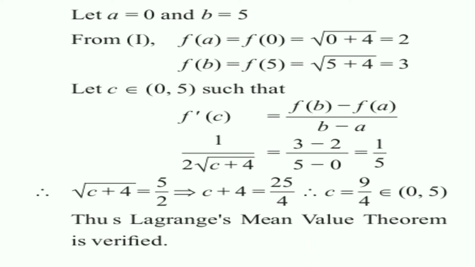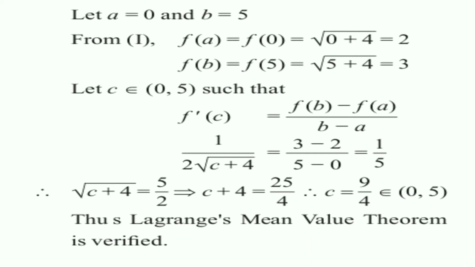that is equal to 3. Let c belong to the open interval (0, 5) such that f'(c) equals f(b) minus f(a) divided by b minus a, which is equal to 1 upon 2 into under root c plus 4 equals 3 minus 2 upon 5 minus 0, which is equal to 1 upon 5.